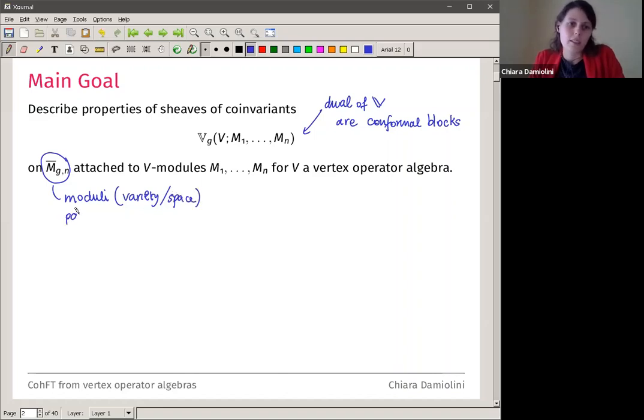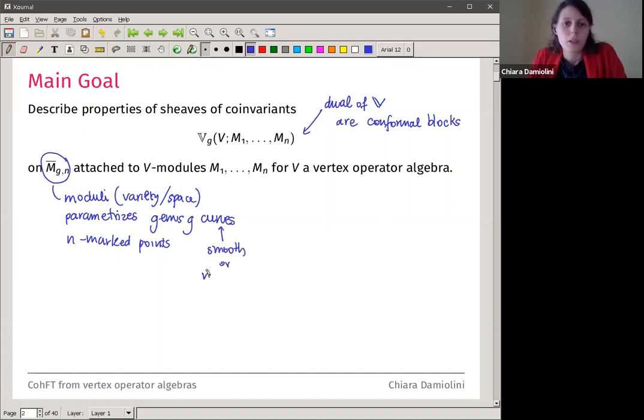which parameterizes genus g curves, which have n marked points. And these curves might be nodal, so either smooth or nodal.